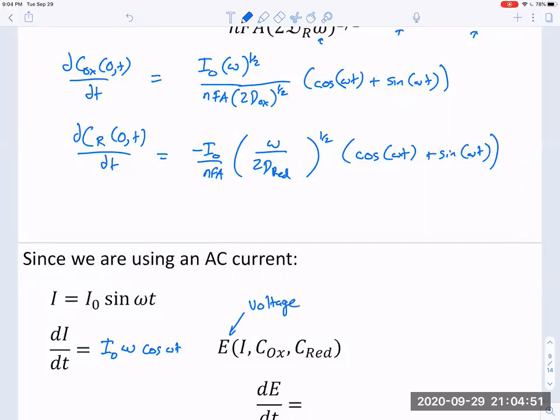That voltage we're saying is a function of the current, the concentration of the oxidized species and the concentration of the reduced species.